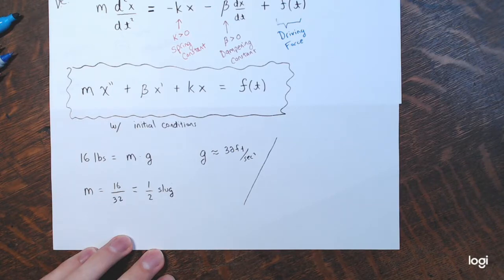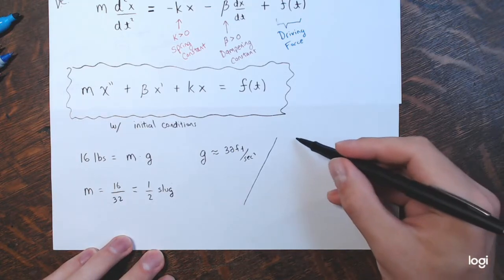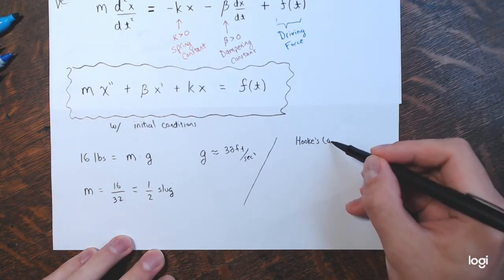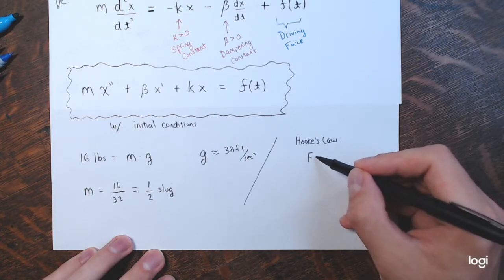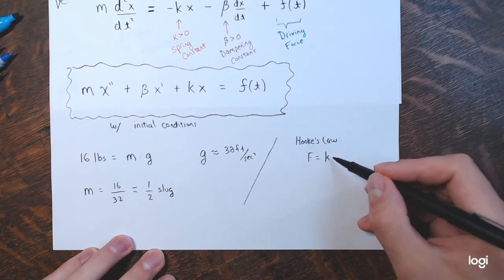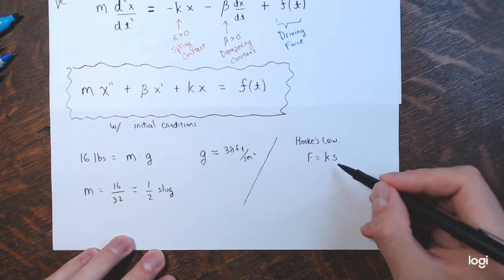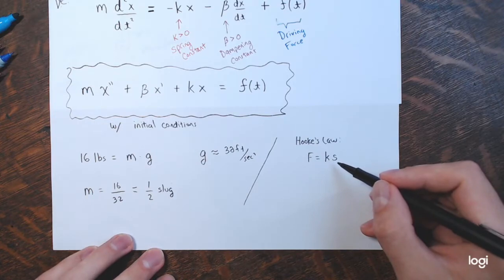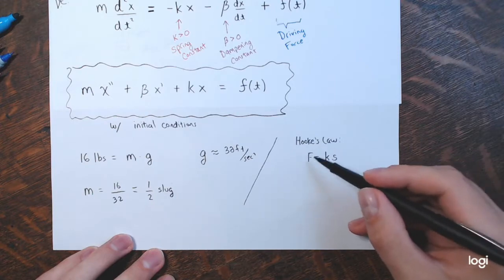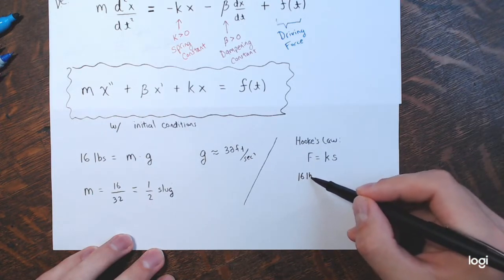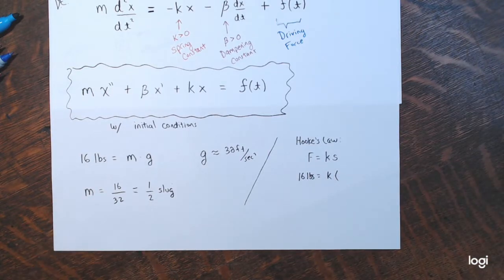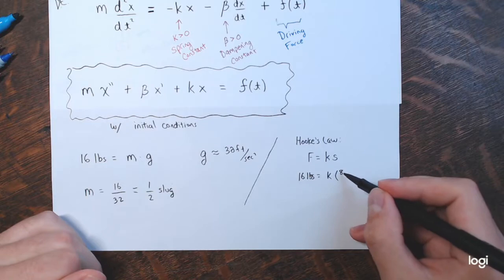And they told us also, remember Hooke's law, is that the force acting on a spring is equal to some constant times s, where s is the amount of stretch to equilibrium, the amount of stretch on the spring with that mass on it. So the force is again 16 pounds equals k times the stretch they said was 8/3 of a foot, or 8/3 feet.